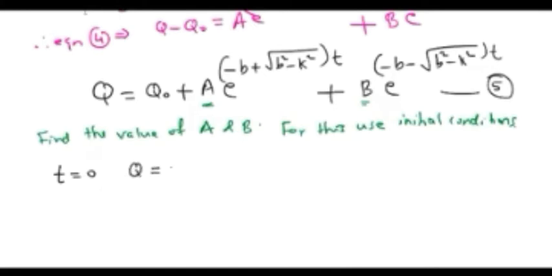Now if you make these changes in equation 5, that is this equation, the left hand side q will be 0.